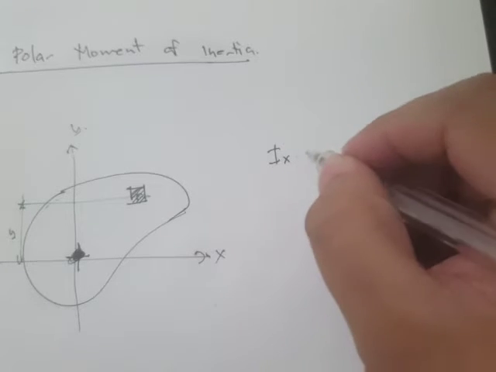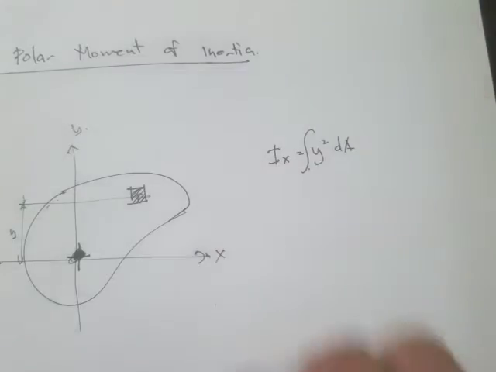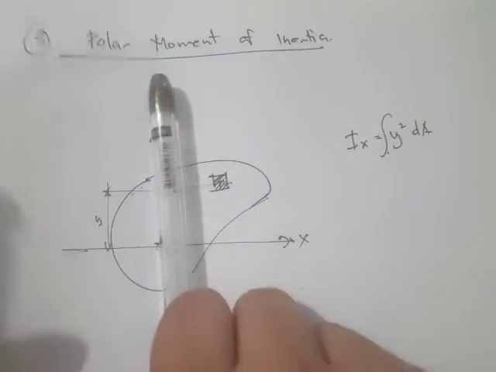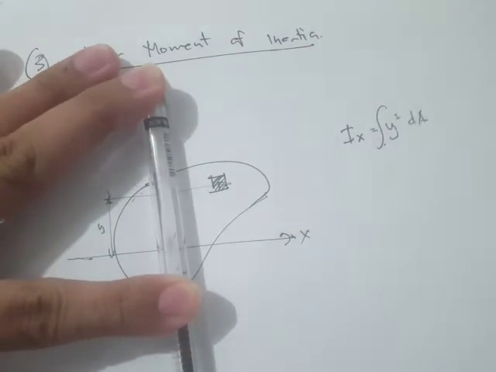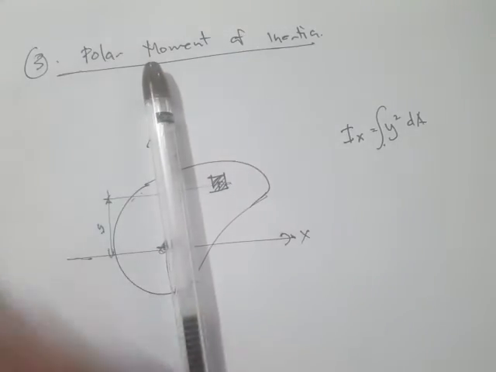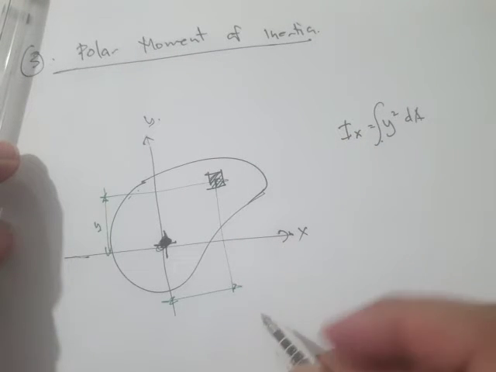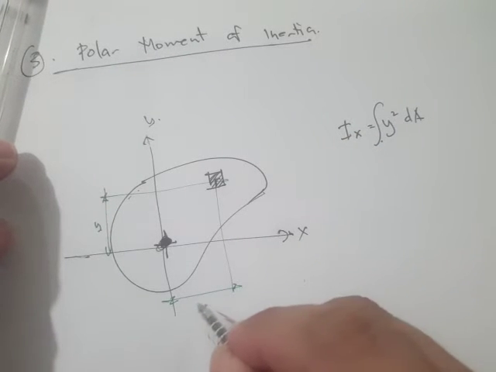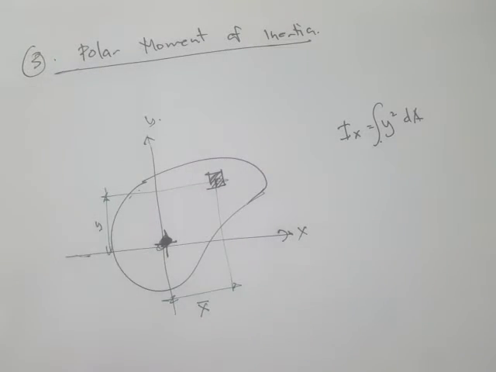That's why our moment of inertia along x is y squared dA. But if you want to rotate this along the y-axis, what we need is this distance. So this is x. Actually, that's the distance to the centroid.